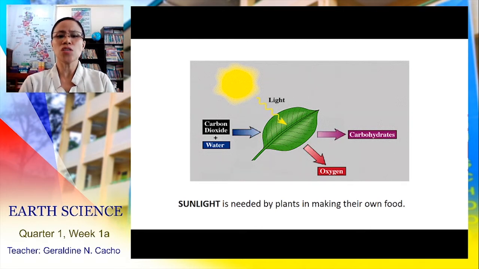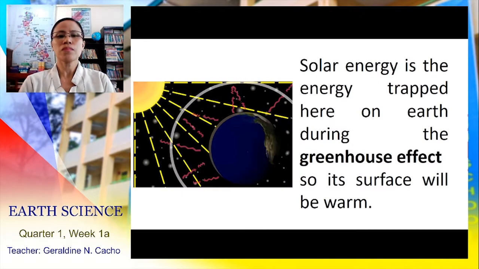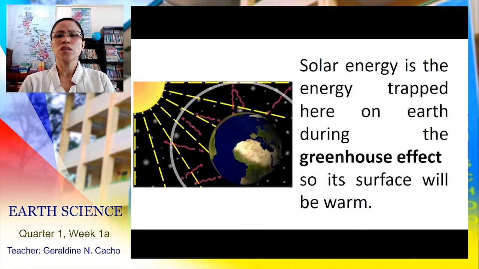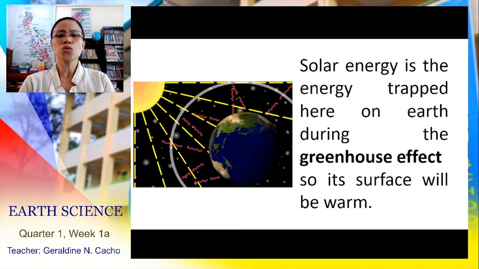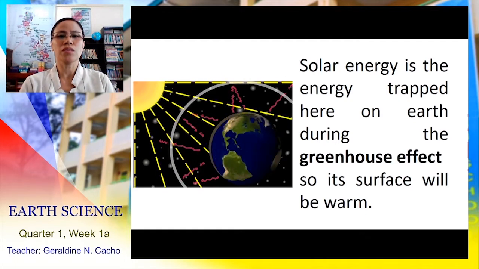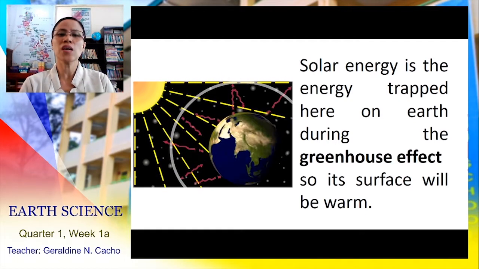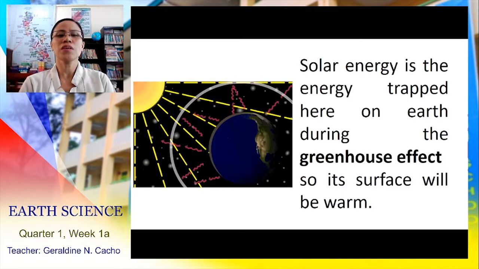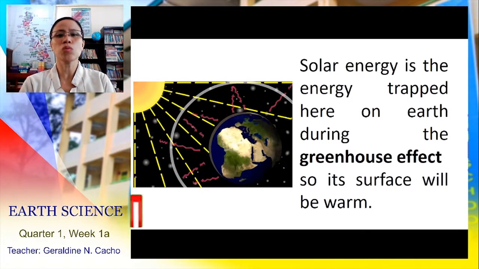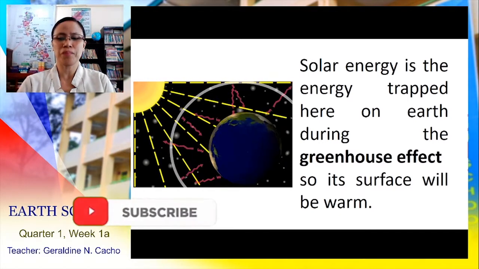This energy is used by plants during photosynthesis, so that carbon dioxide and water will be converted to carbohydrates, their food, and oxygen. This energy is also trapped during the greenhouse effect. Remember, with the greenhouse effect, our Earth remains warm, so we will not freeze to death.